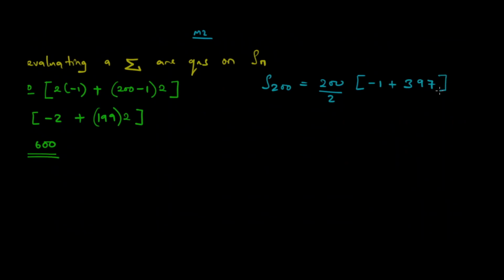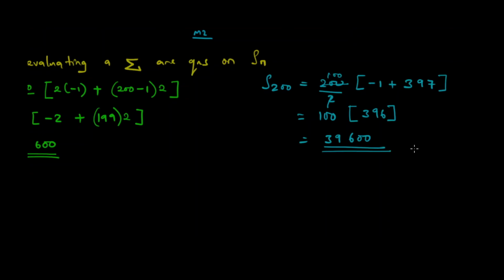So this is also 100, from 2 into 200, multiplying minus 1 plus 397, which is basically 396. And 396 times 100 gives us 39,600. It also works. So this method 2 is first for understanding that Sn should be S200.